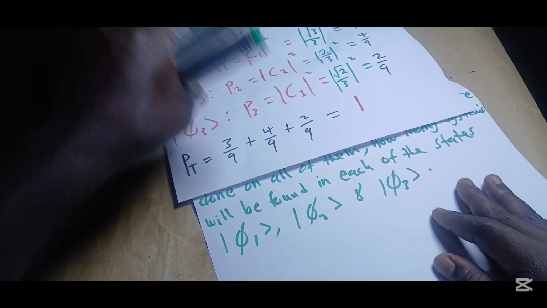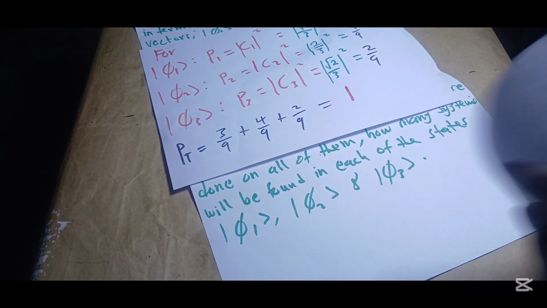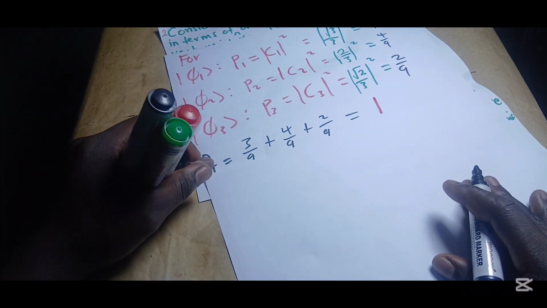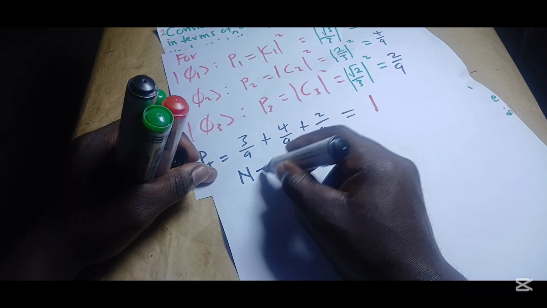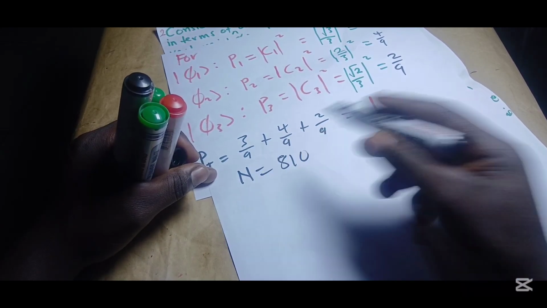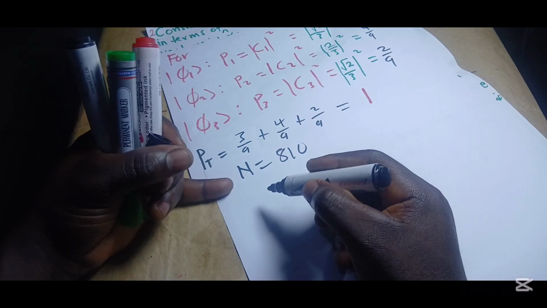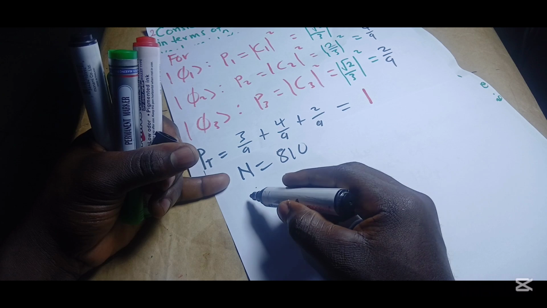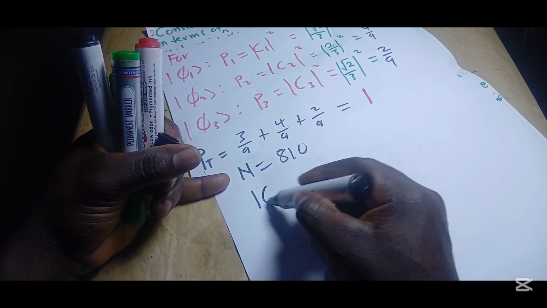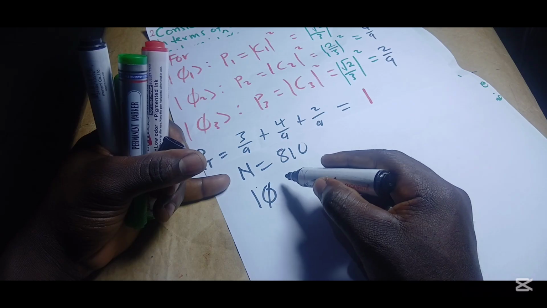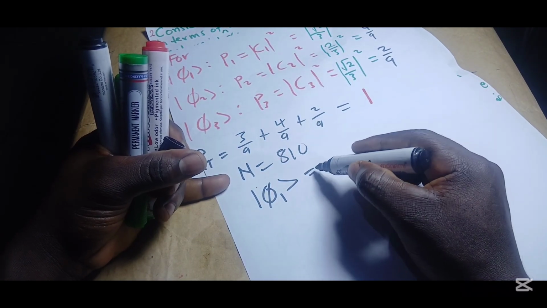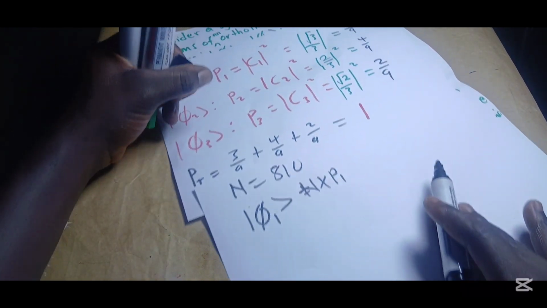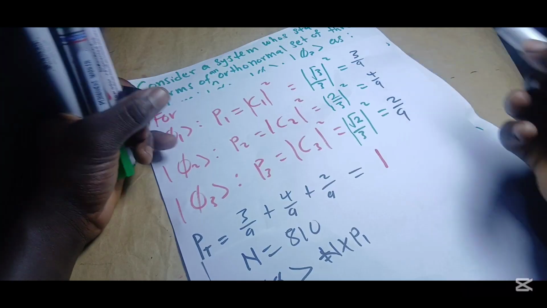Now, for an ensemble of 810, let's call the total number in the ensemble N. The number of systems found in state phi 1 is going to be N times p1, which is the probability contribution of phi 1 that we calculated here to be 3 on 9.